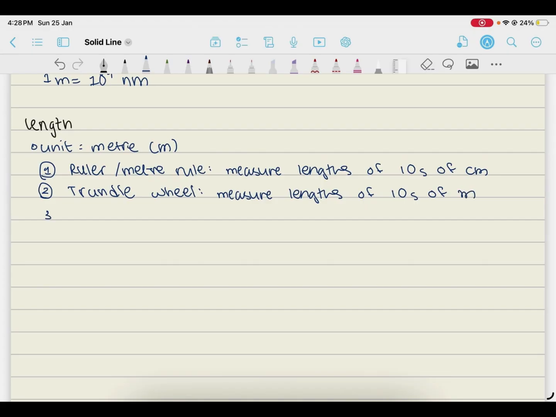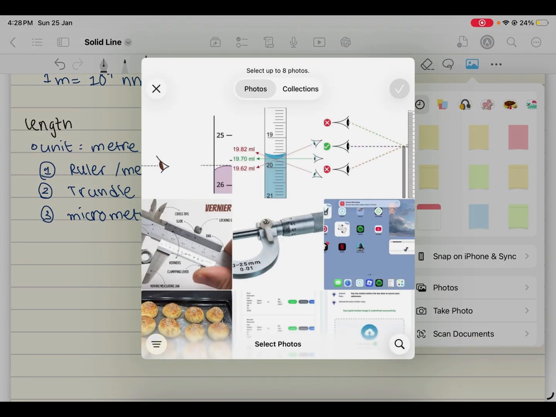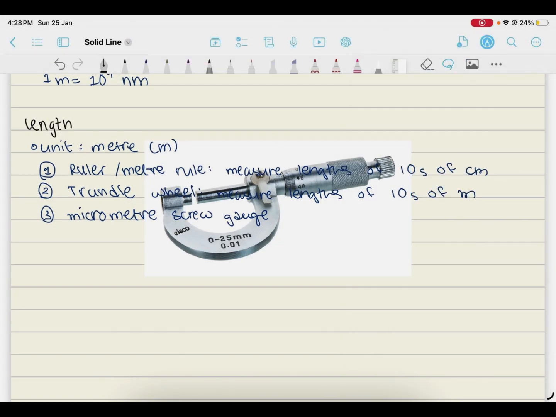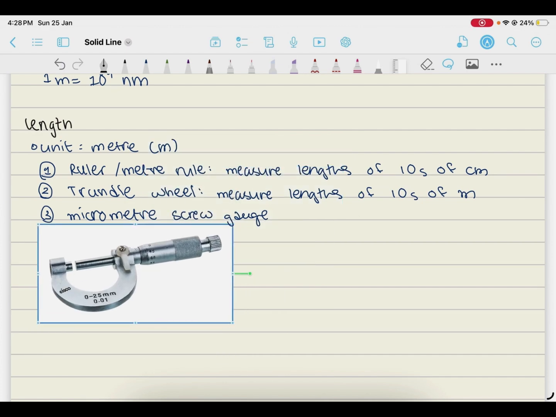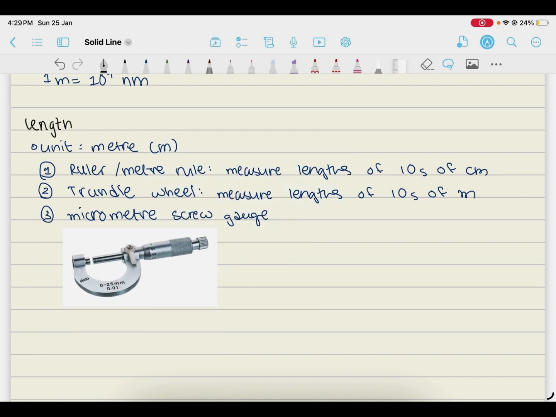Okay? Now 3 and 4 aren't exactly in our syllabus, and it's also new to you, but it will be helpful to know what it is, as you can use it in your P6. Micrometer screw gauge. I might attach a picture of it. Okay. Micrometer screw gauge is basically to measure very small dimensions.